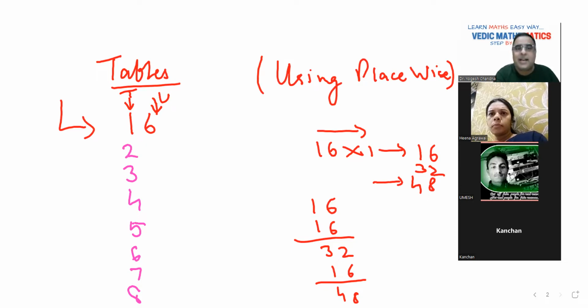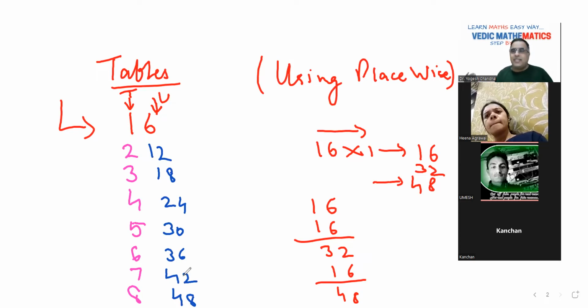Similarly, table of 6 is 12, 18, 24, 30, 36, 42, 48. We just have to understand one simple concept, that at every place position, every place-wise value, we can have only single digit.